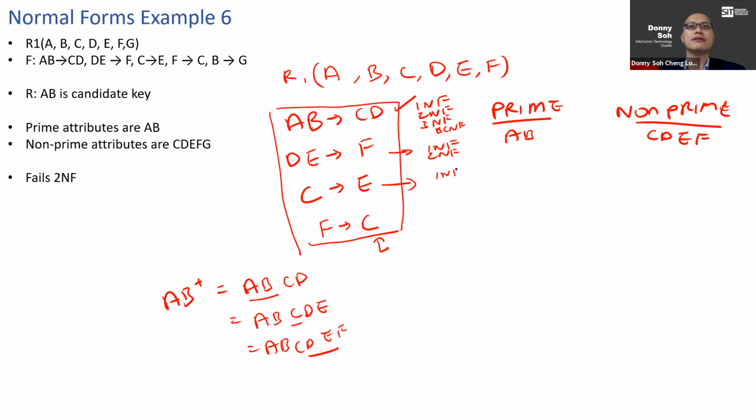So it's 1NF, 2NF, and it stops there. And again, this is a non-prime imply non-prime, 1NF, 2NF. So in this table, the highest normal form is 2NF, and this fails the third normal form.